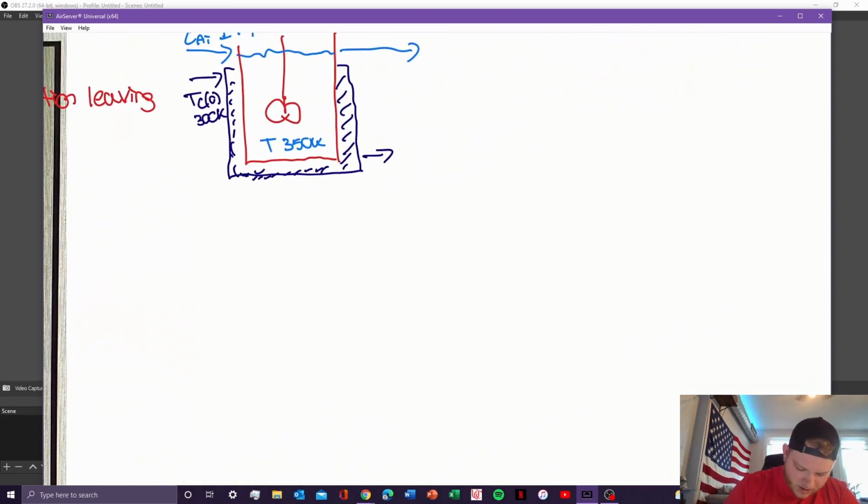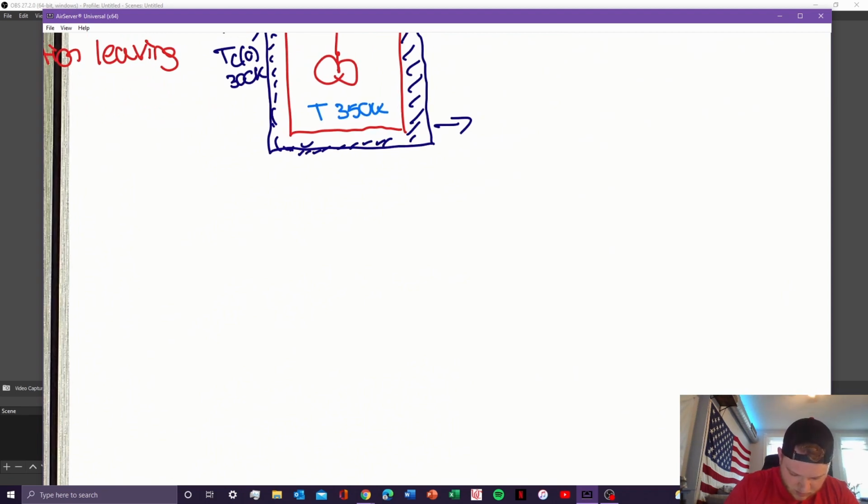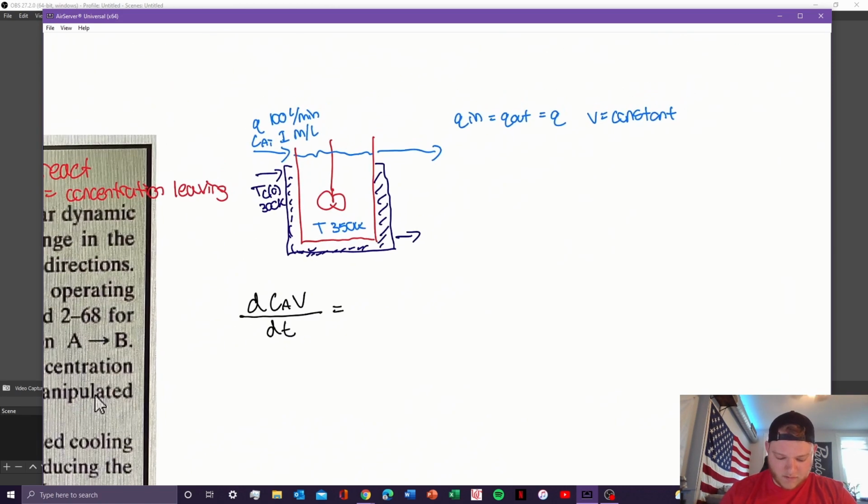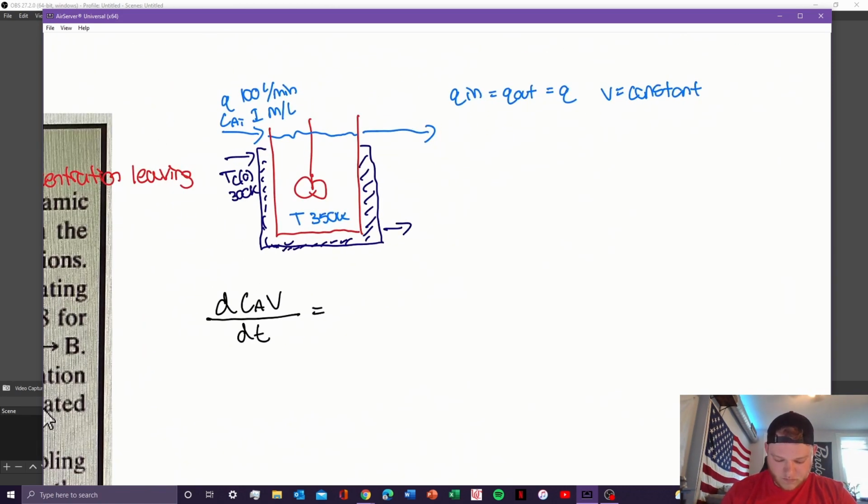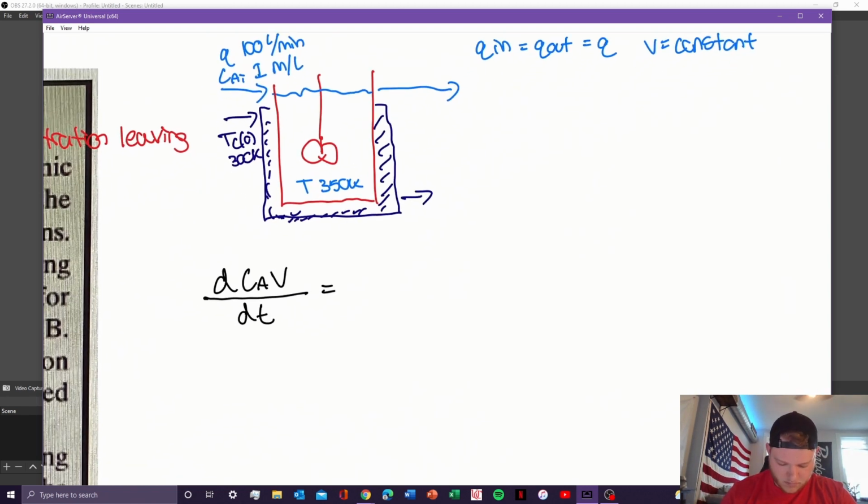So the rate of change of the concentration of A, which is dependent on volume, with respect to time, is equal to flow in minus flow out, but they are the same thing.